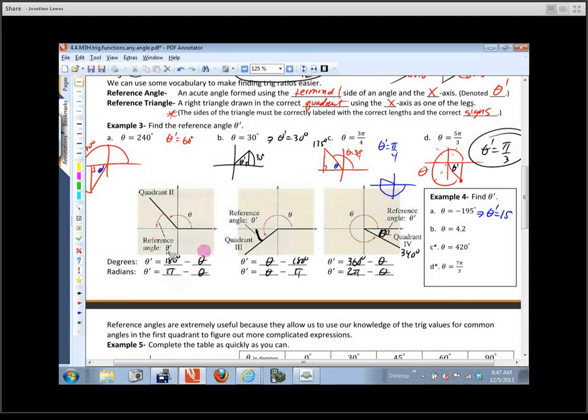Does this little rule here work? Look at it. 180 degrees minus, what's the measure of that angle? Minus 195. Those two would add up to something that's bigger, wouldn't it? Okay? So I'm not a huge fan of these because they only work if the angles are between 0 and 360 or between 0 and 2 pi.